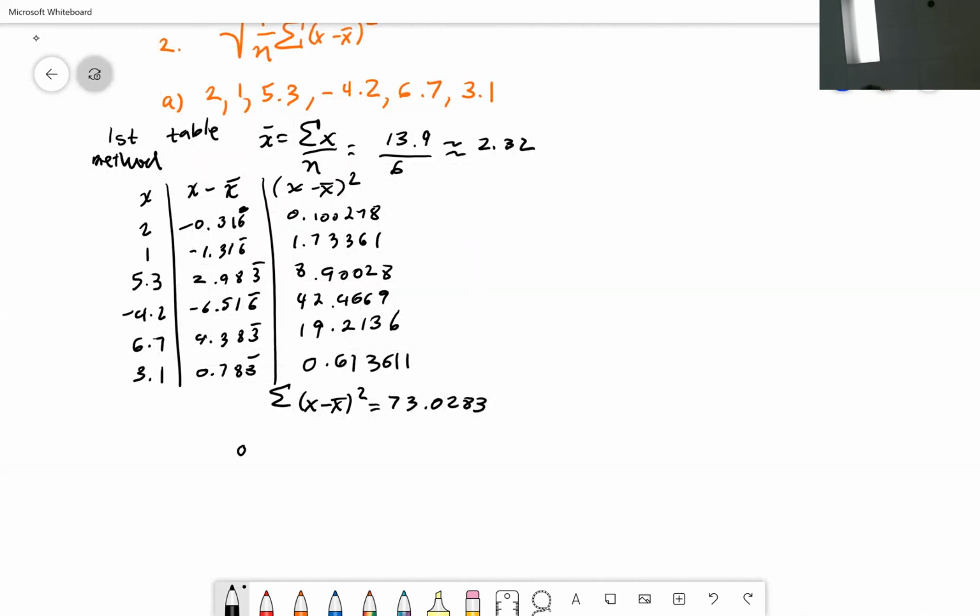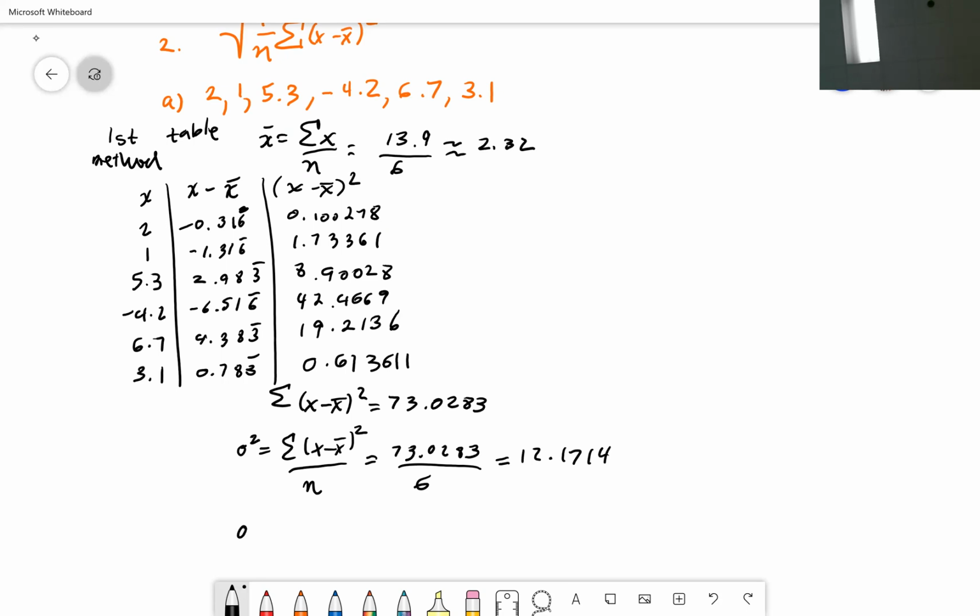Now, in order to get our variance, we take our sum of squares and we divide it by, in this case, n. So it's going to be 6. So we take 73.0283 divided by 6. Again, I'm keeping this in memory in my calculator, so I'm getting the most accurate result, even though the calculator is still rounding.